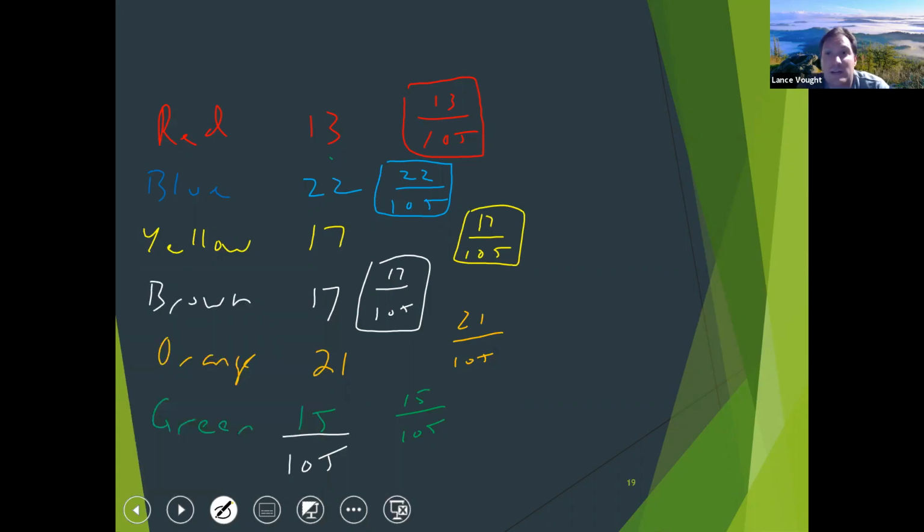Orange, on the other hand, can be simplified because 105 and 21 are both divisible by 3. It actually happens that they're both divisible by 21, but we can start with 3 because 2 plus 1 is 3, that's divisible by 3, and 1 plus 0 plus 5 is 6, that's divisible by 3.